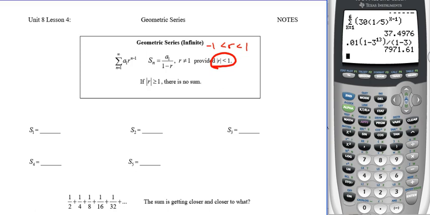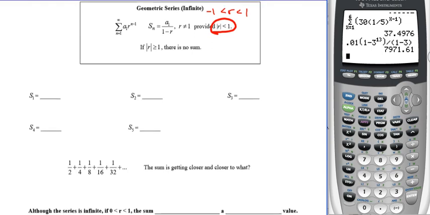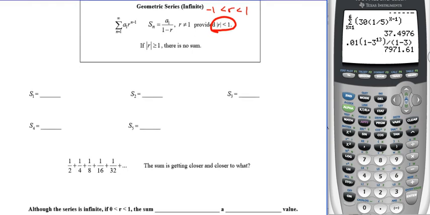All right, so let's talk about that a little bit. So here we have an infinite series. We know it's infinite because it just goes on forever. So the sum of the first term is just 1/2. The sum of the first two, 1/2 and 1/4, is 3/4.